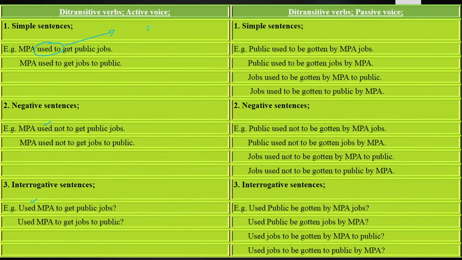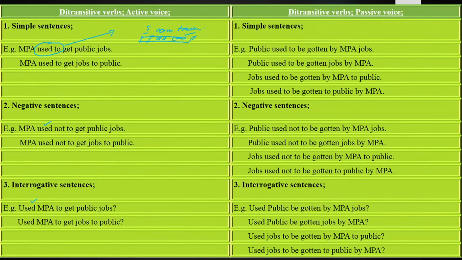If I say I can teach you, I cannot say I do not can teach you. A modal auxiliary verb has got its own status. So if it is a modal auxiliary verb, we will be changing it in the same way which is mentioned over here in the slide.